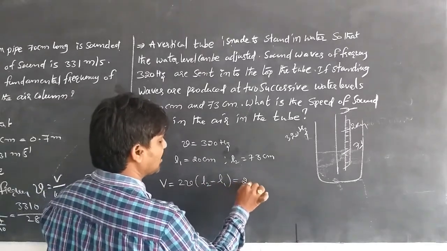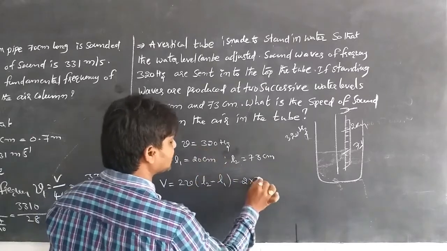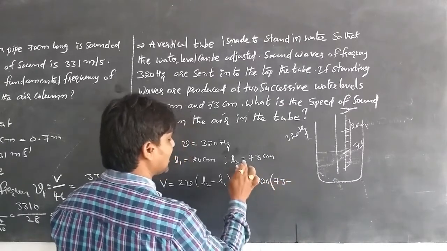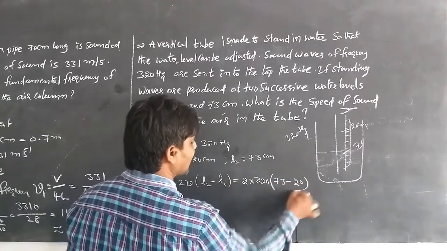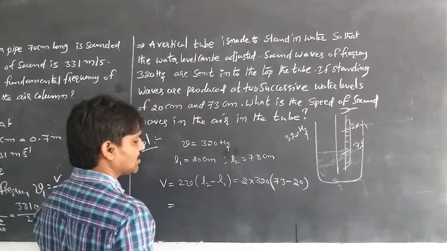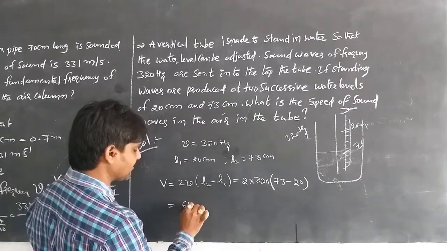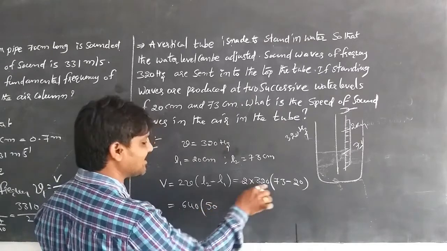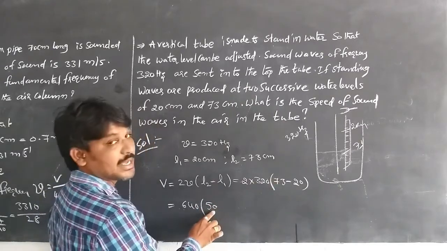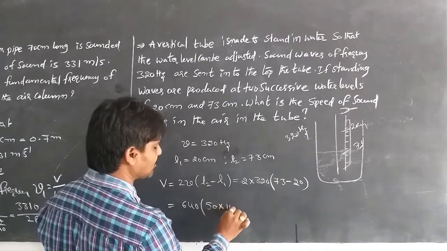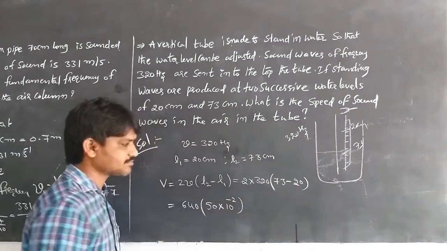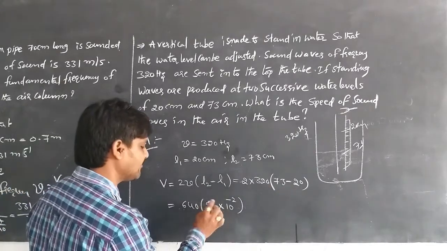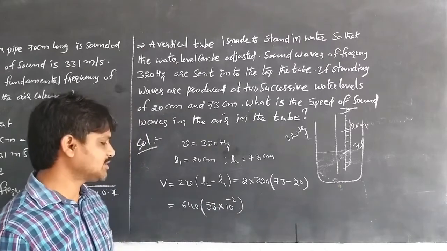From that formula, 2 into nu means 2 into 320, which is 640, into L2 minus L1, that is 73 minus 20, which is 53 centimeters. We convert it to meters: 53 into 10 to the power of minus 2 meters.